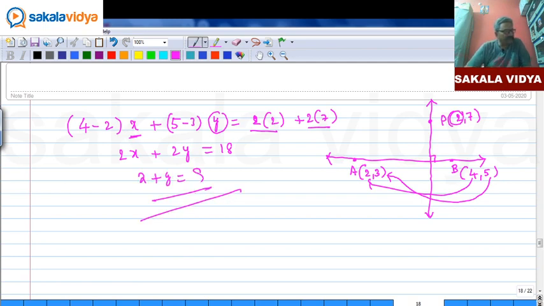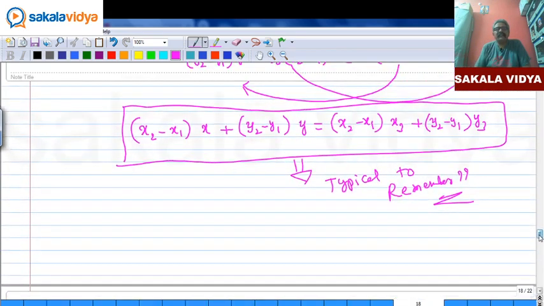See, I derived this, you check it now. x2 minus x1 into x, y2 minus y1 into y, and in the place of x and y, x3 and y3 have been written. Understood now?